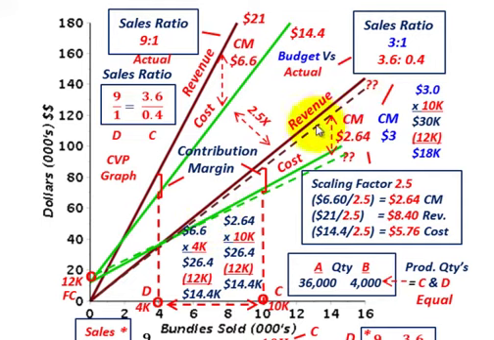So what we're going to be able to do is compare our budgeted amount to our actual sales based on a quantity of 10,000. So let's see what the scaling is between our sales ratio, showing it at a 9-to-1 ratio for our revenues and costing, versus revenues and costing based on 3-to-1, or really 3.6 to 0.4.